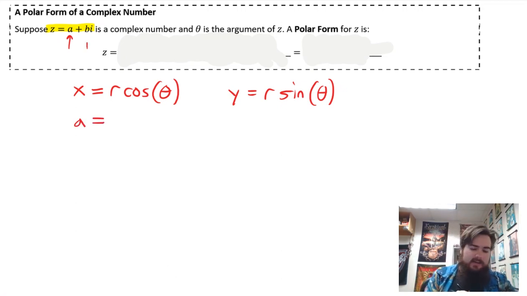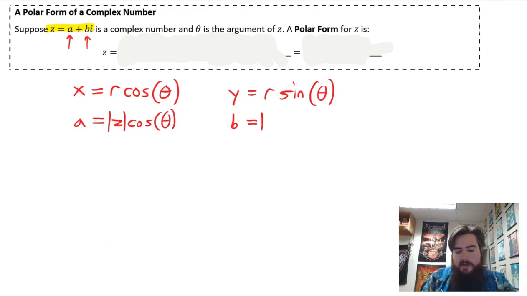Likewise, b, the imaginary part of the complex number, we align with the y-axis, so we can connect that with b. We have also said that the modulus can be represented as r. The modulus is the distance from the pole in the complex polar plane, so we can just call that modulus of z instead of r: modulus of z times cosine of theta, and modulus of z times sine of theta.